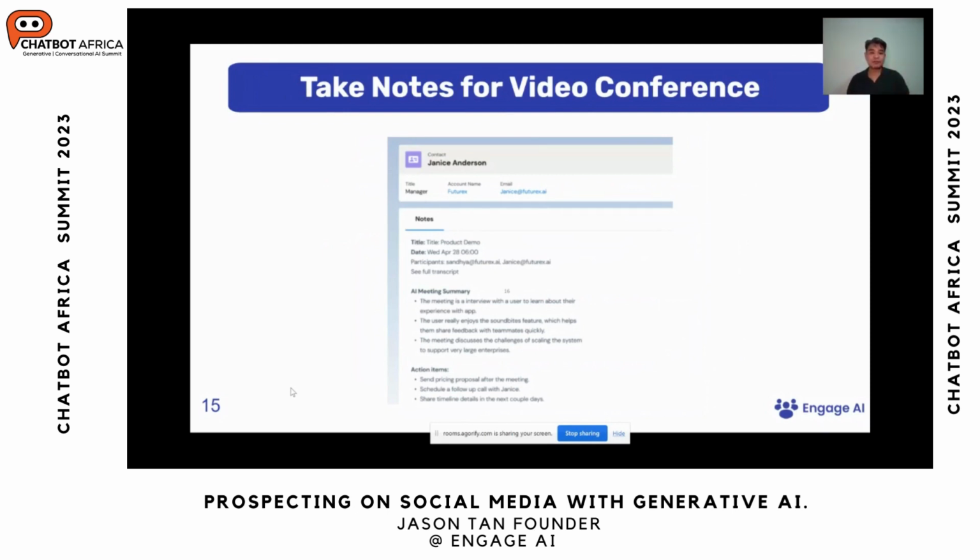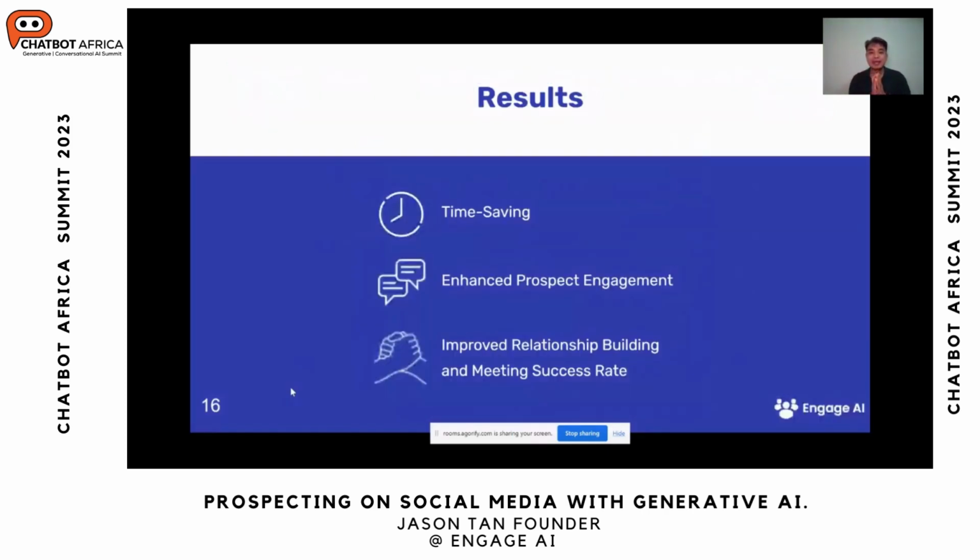Now, what all of this means is that with Gen AI helping you to break the ice using the commenting strategy, or writing that email that will ensure your prospect replies, or helping you to take notes in the online meeting, all of that means that you would have saved more time.